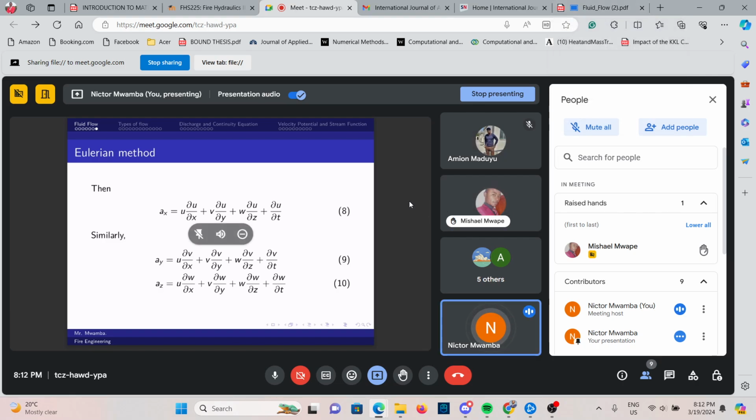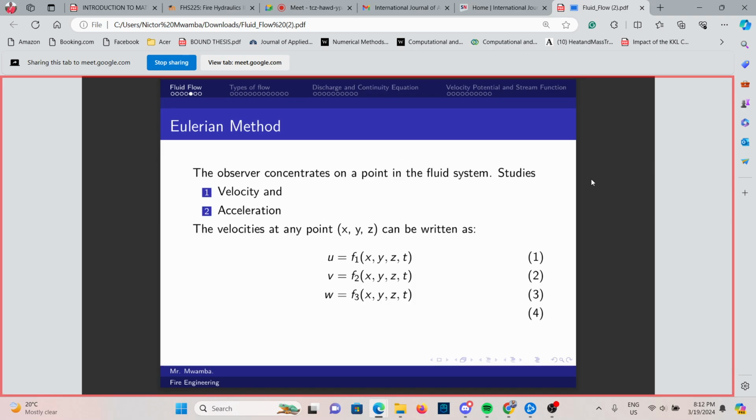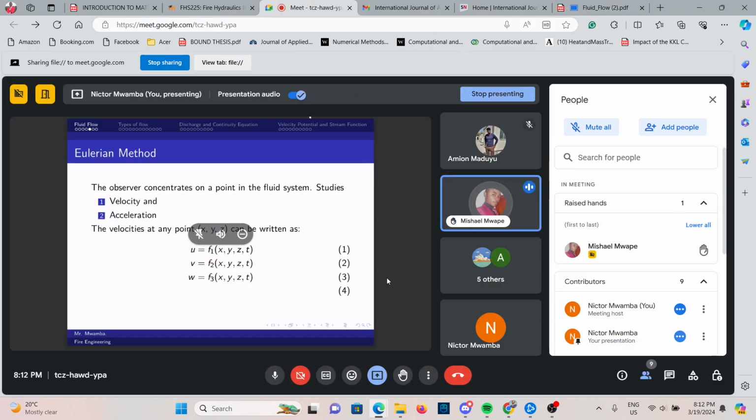Are you talking about equation 8? Let me take you back to the page where I started the Lagrangian method. Yeah, that right there. So we've got these equations, u is equal to f of x.